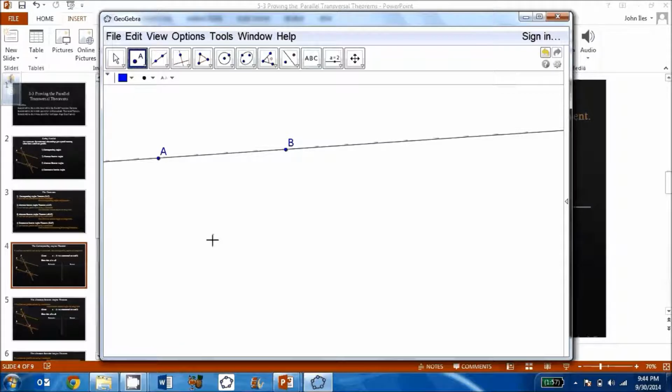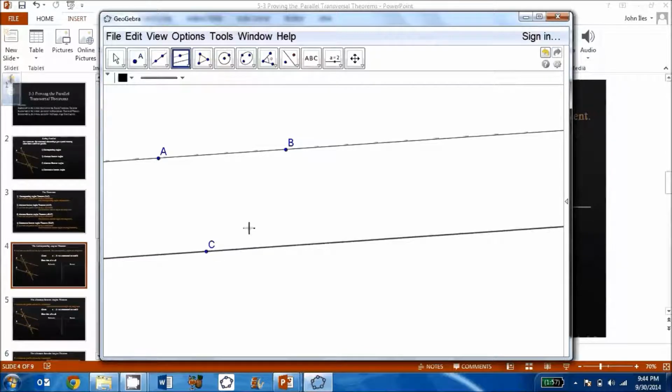So here's two lines, line AB and C. So there's a new line here that's parallel to AB. What we want to do is draw a transversal that goes through those two lines.